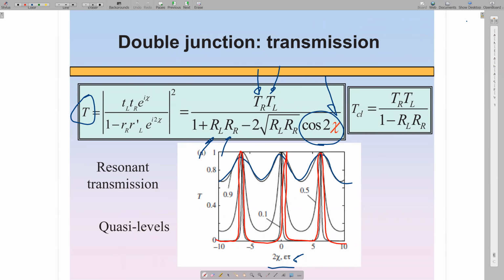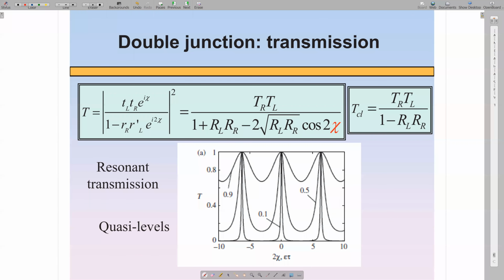Okay, here it is. As we see, it does depend on the phase factor which is accumulated between the junctions. So it's the simplest manifestation of interference effect in quantum transport.